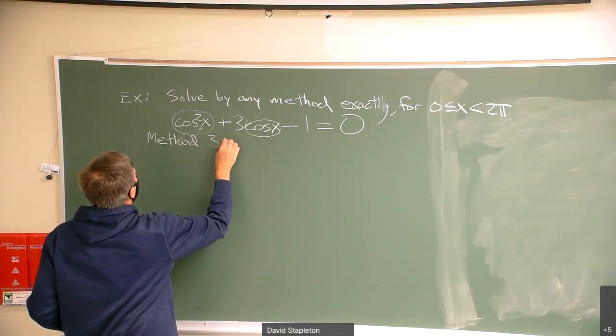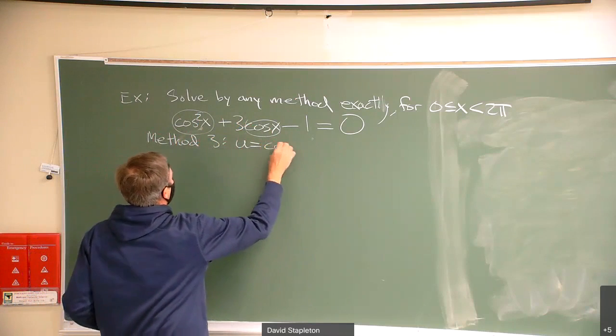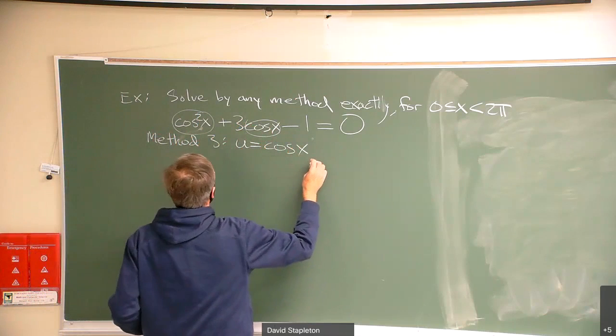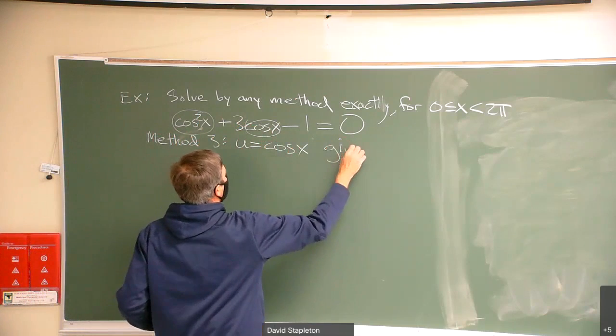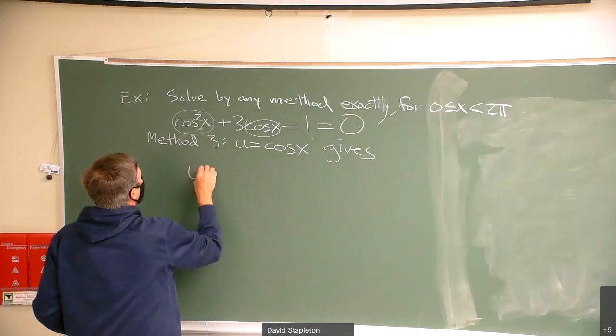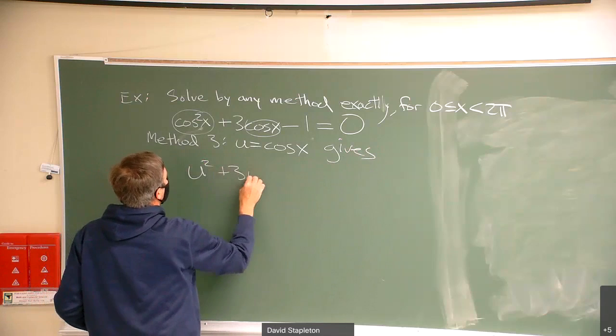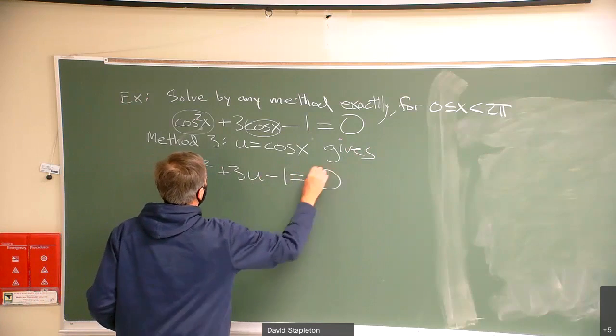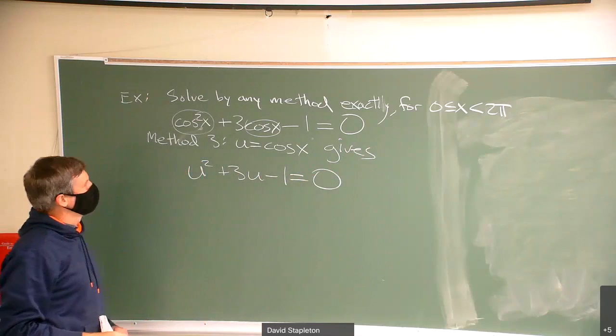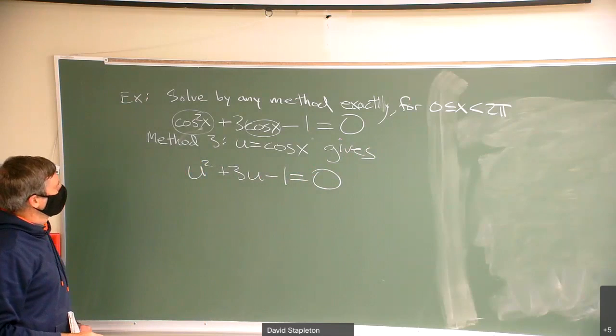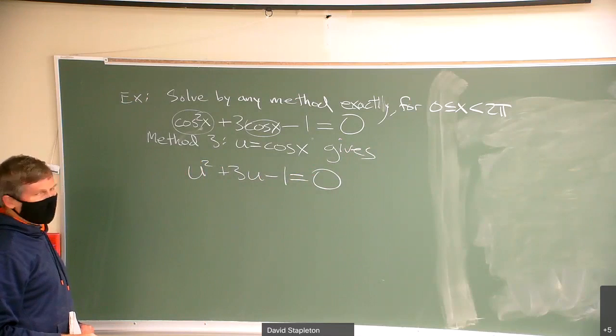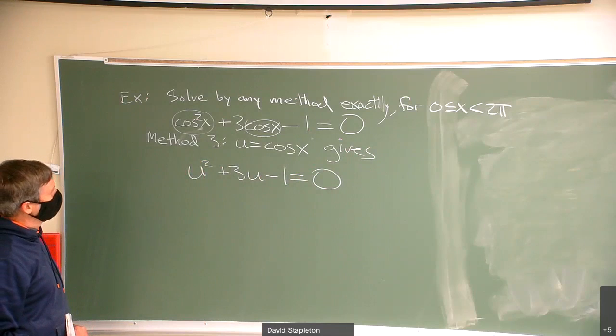I just let u equal cosine x and observe when it becomes a quadratic equation. All right, I put u equal cosine x, and this gives u squared plus 3u minus 1 equals 0. Now, how do I solve the quadratic equation? I can try factoring.